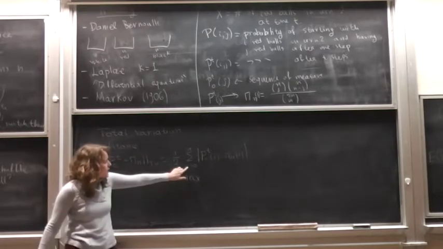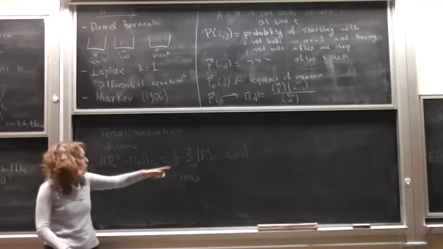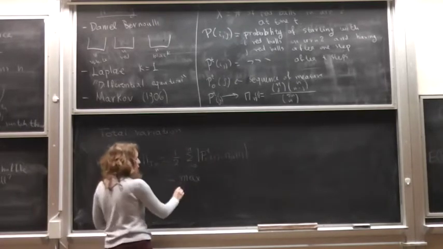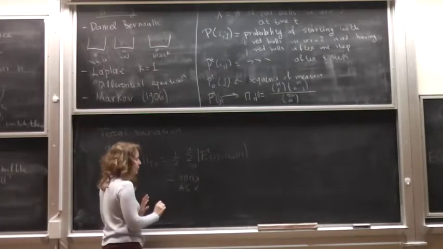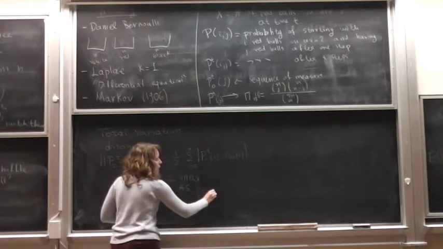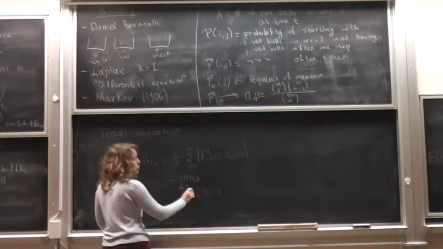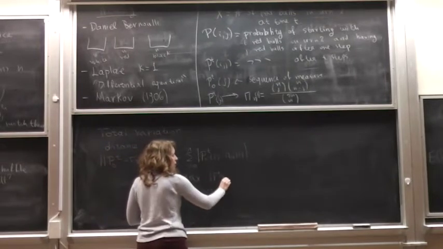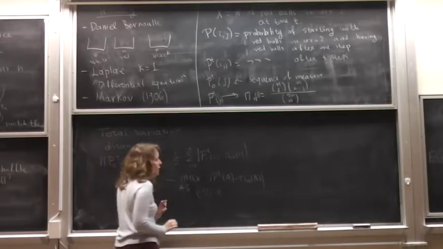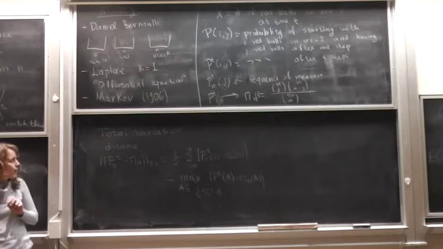Since I have a finite space, my space is either 0 balls, or 1 ball, or 2 balls, or up to n red balls in urn 2. Prove that this is the same as this, taking a subset of 0 to n, and considering this difference and maximizing it over all these subsets.